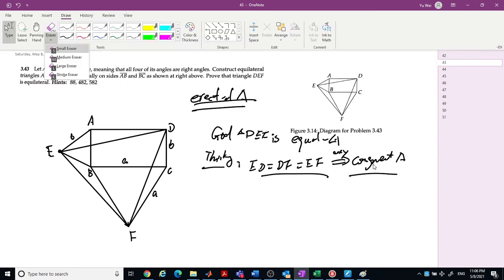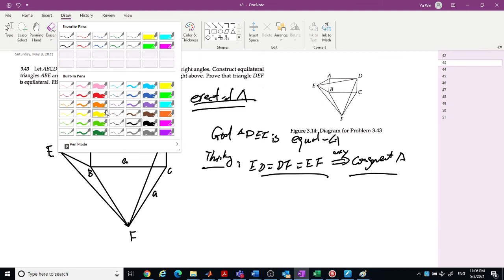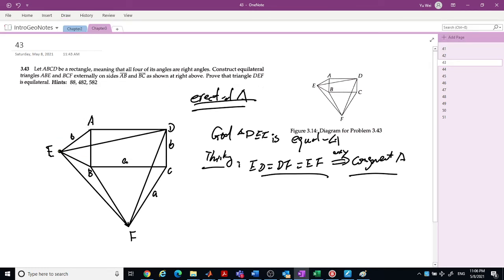If you want to find congruent triangles, first, this side and this side, three sides, right? So we need to find a congruent triangle. You know this one is equal to this one, so this one is also A. So it's very clear.